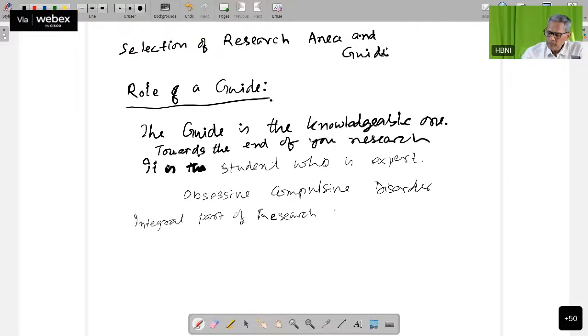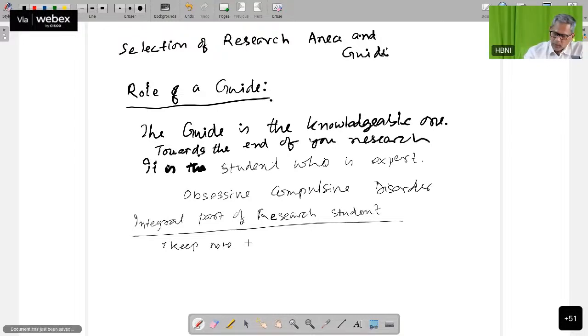This is a very important aspect. Like you always keep a note about everyday activity.